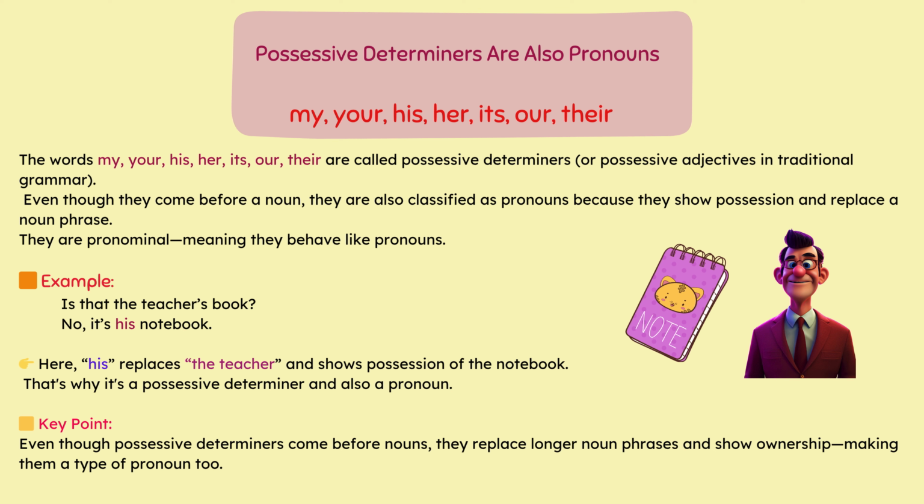For example, is that the teacher's book? No, it's his notebook. The word his replaces the teacher and shows who owns the notebook. So, it's not just a determiner, it's also pronominal. Key point to remember: if a word shows ownership and replaces a longer noun phrase, even if it comes before a noun, it's still a pronoun in function.